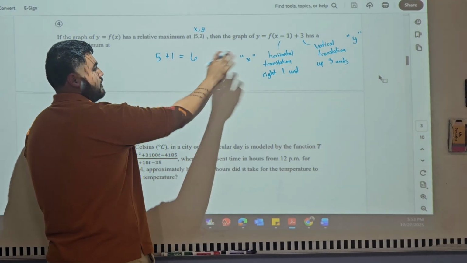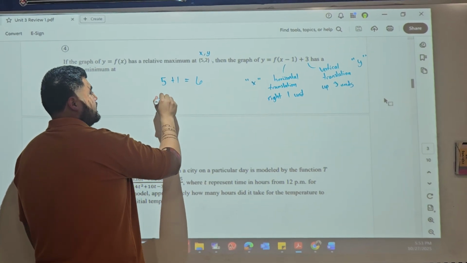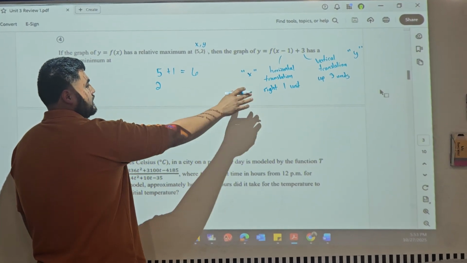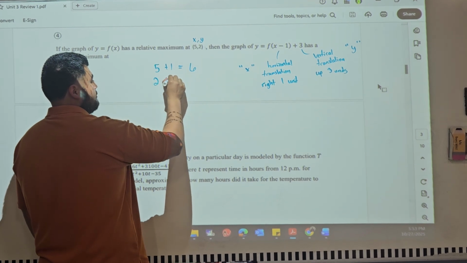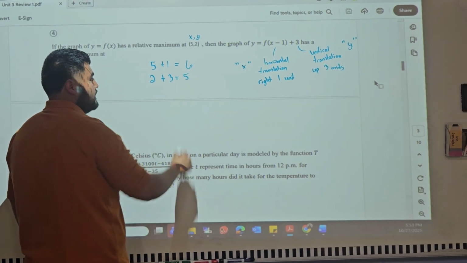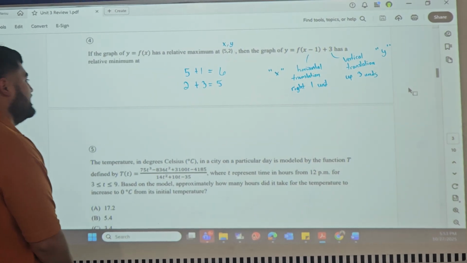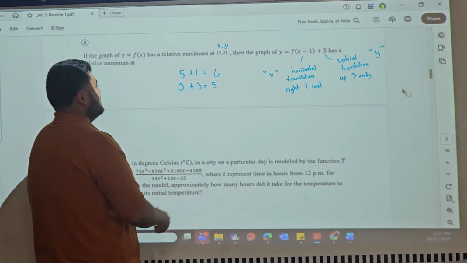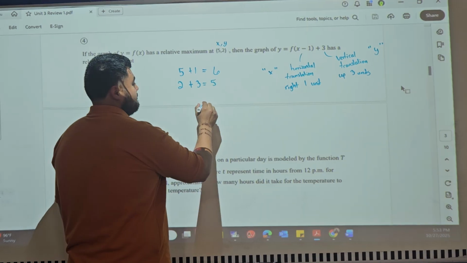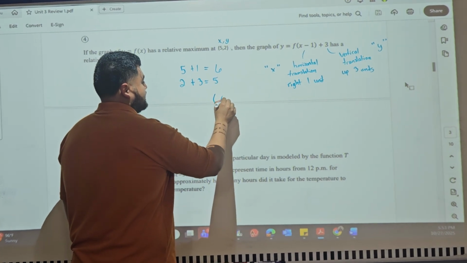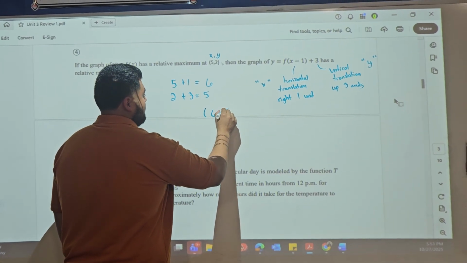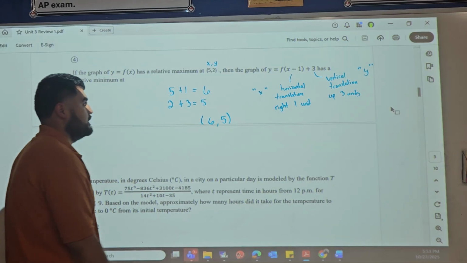And then over here for translation, the y, you have a 2, you're adding 3, which gives you the 5. And just double check, yeah, that's basically it. So what is the minimum? The minimum is gonna be (6, 5), and there you go.